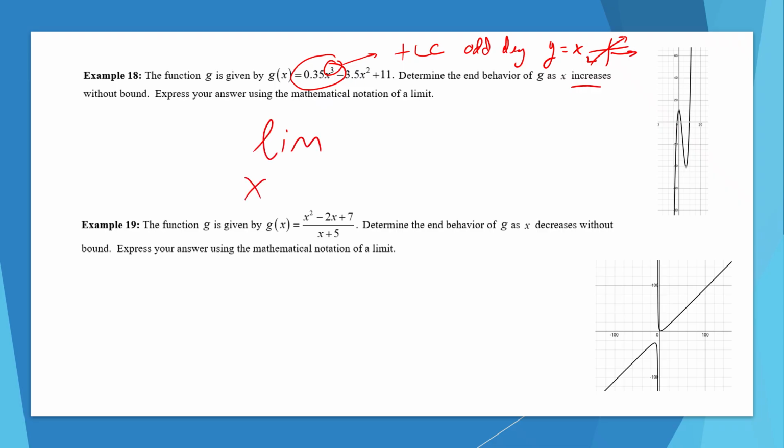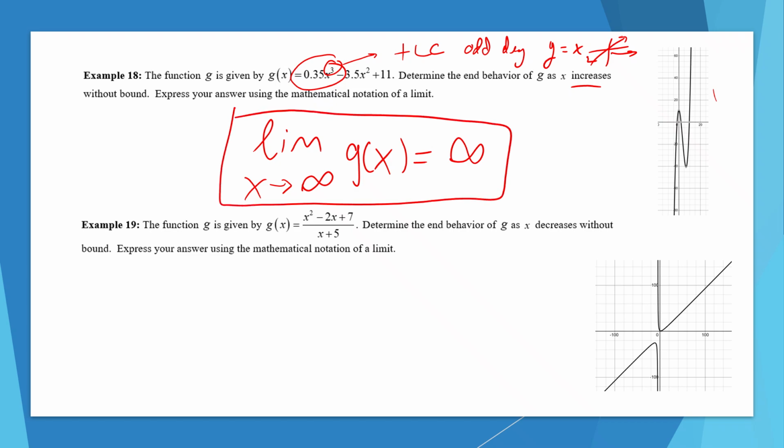So it's the limit as x approaches positive infinity of g of x, and this is going towards positive infinity, so that would be our answer. There's no work you need to show. Here we also see that as well, right? As x goes to the right, this graph is going up forever. So you can see that limit statement in action if you really wanted to.